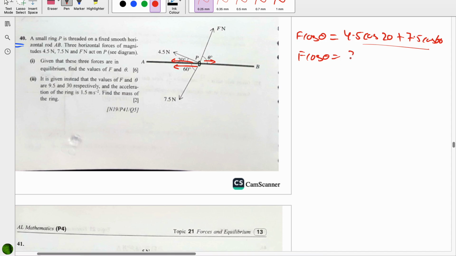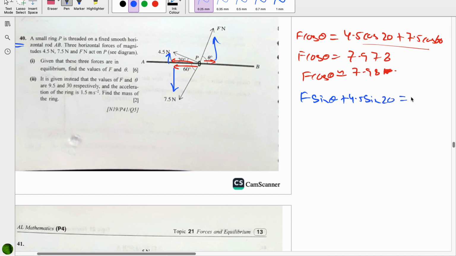7.978, approximately equal to 7.98. That is F cos theta. Now when we resolve it in vertical direction, it is 2 upwards and 1 downwards, which is F sine theta plus 4.5 sine of 20 is equal to 7.5 sine of 60.